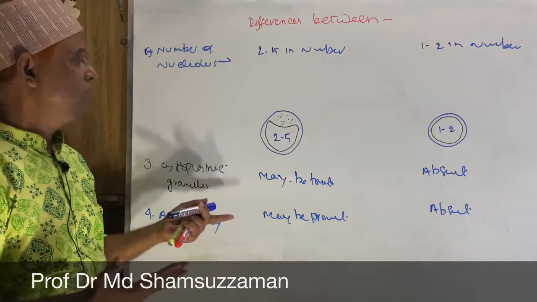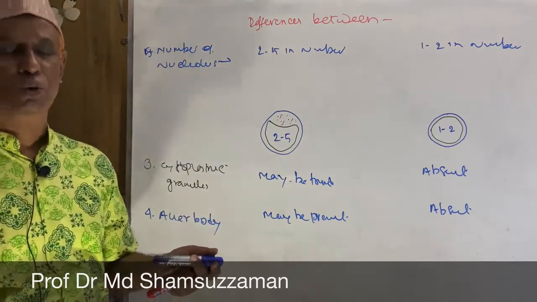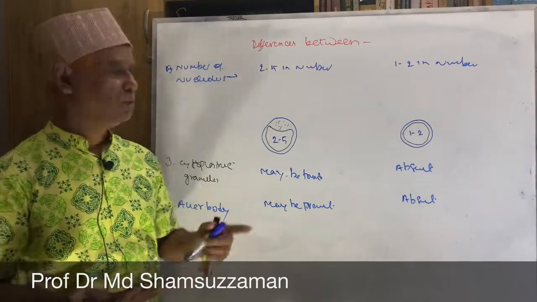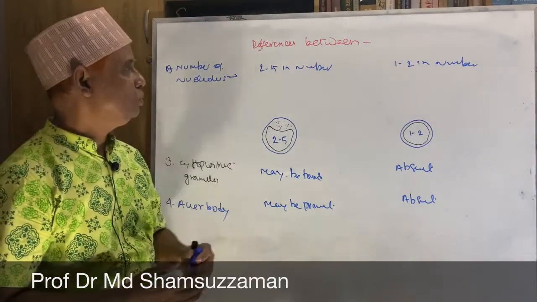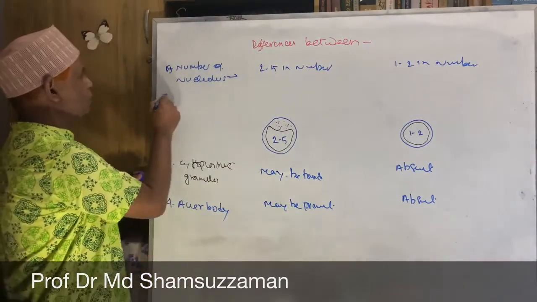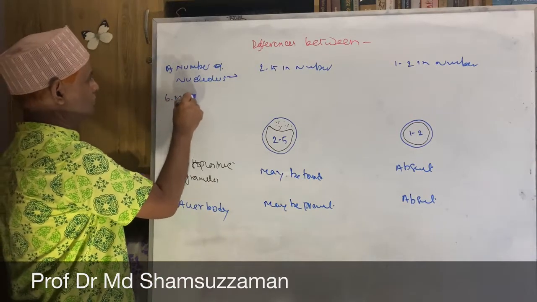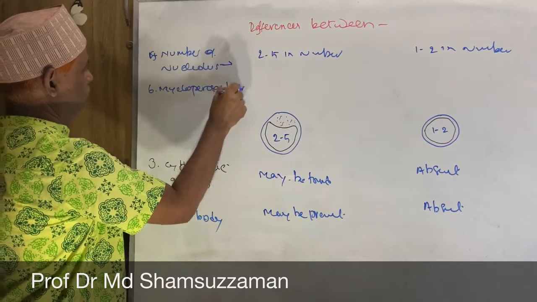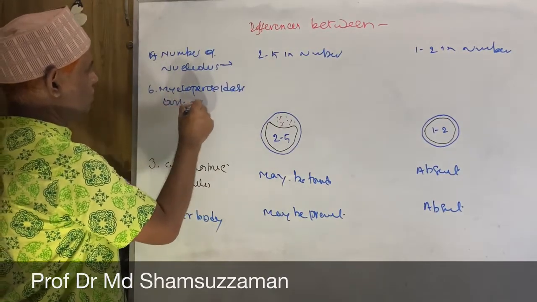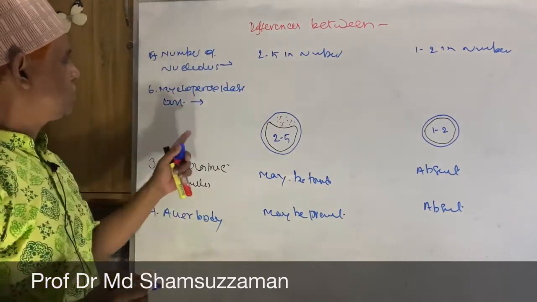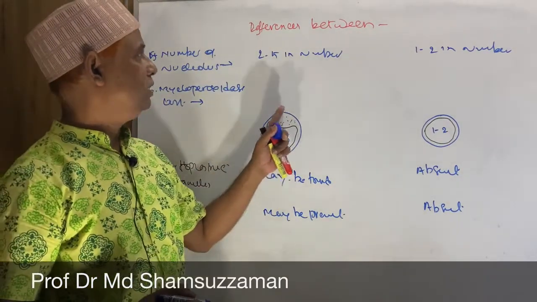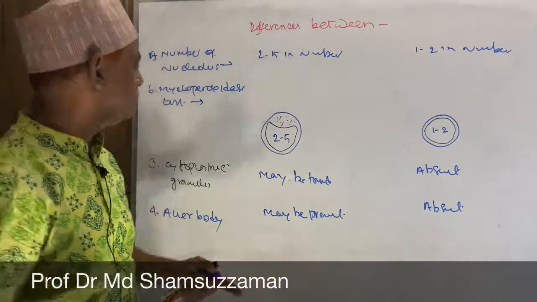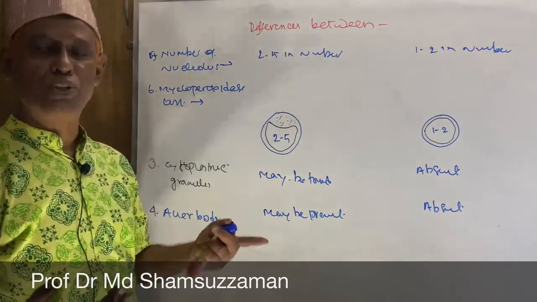If we fail to differentiate under a microscope, then we have to do the myeloperoxidase test to differentiate these two blast cells. Why do we do this test? To differentiate a myeloblast from a lymphoblast when you fail to differentiate under a microscope, or to be more sure.